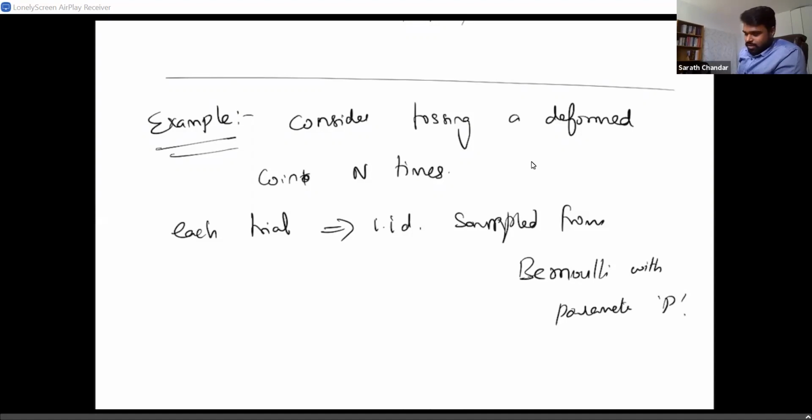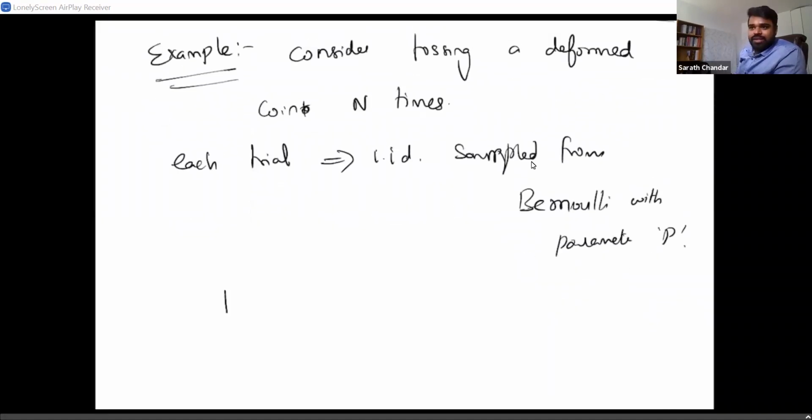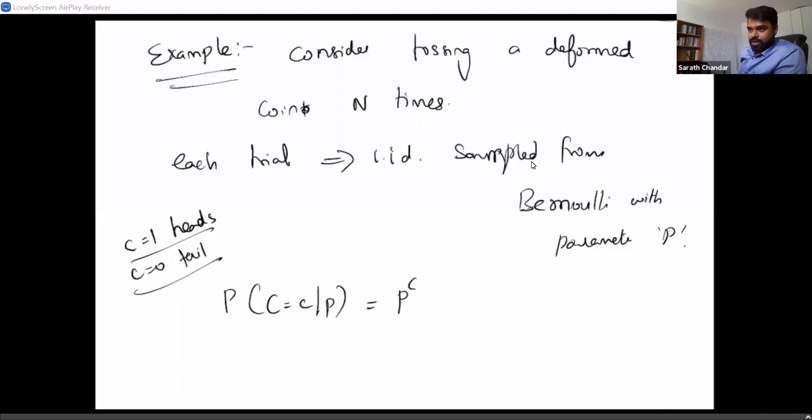So now let's say C is equal to 1 for heads and C is equal to 0 for tail. Now the probability that C is equal to some value given P is given as P power C, 1 minus P power 1 minus C.